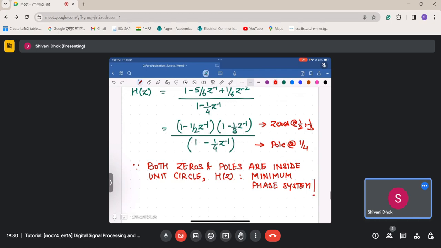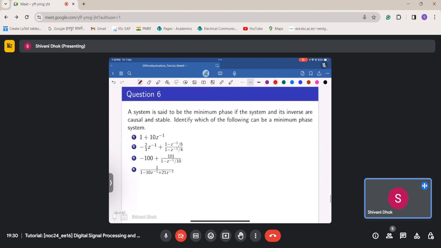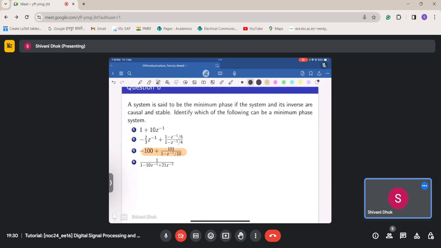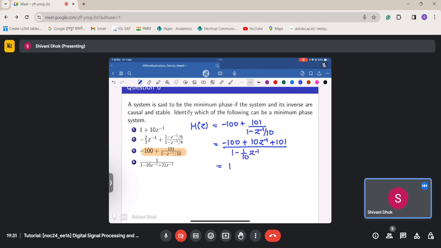Okay, now let us do the same thing for the third one, that is this one. So what we have is H of z as (minus 100 plus 101) upon (1 minus z inverse by 10). So this thing here is (minus 100 plus 10 z inverse plus 101) upon (1 minus 1 by 10 z inverse). So this comes out to be (1 plus 10 z inverse) upon (1 minus 1 by 10 z inverse).